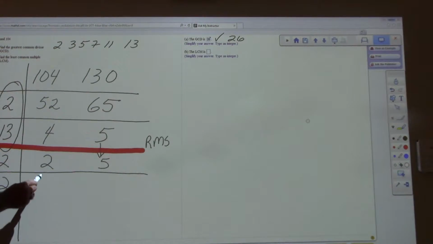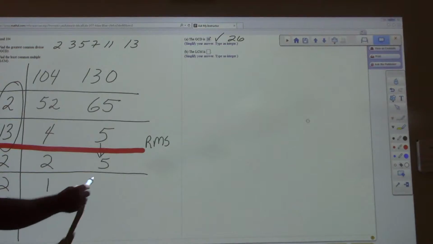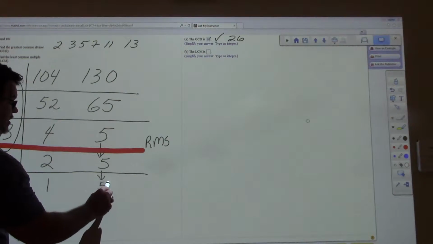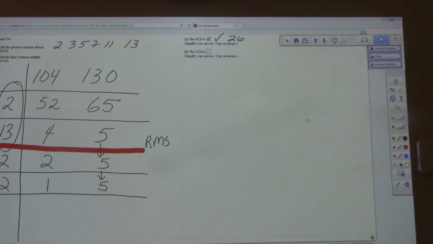Another 2. There's one of our 1s. And then the 5 comes down, and what do we divide into 5 to get a 1? 5. And that'll give us a 1 and a 1. And that's what we want. When we have those two 1s, that means that this guy is the least common multiple.